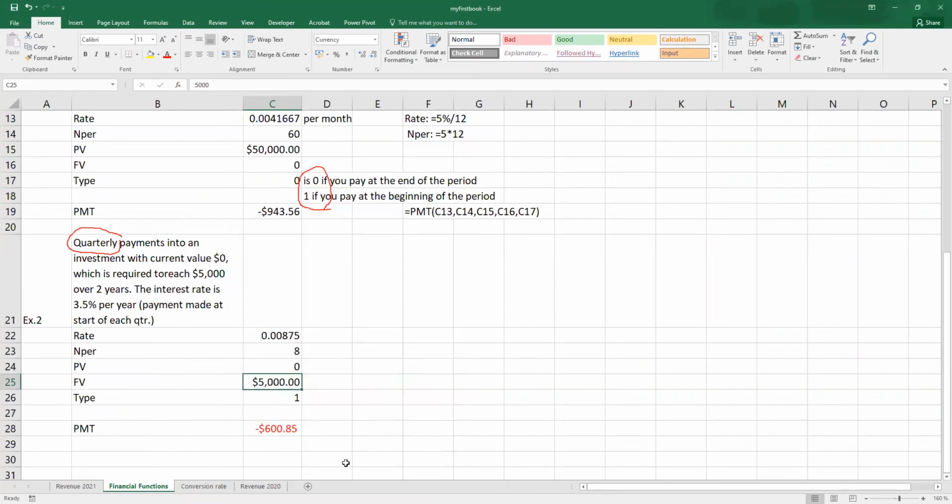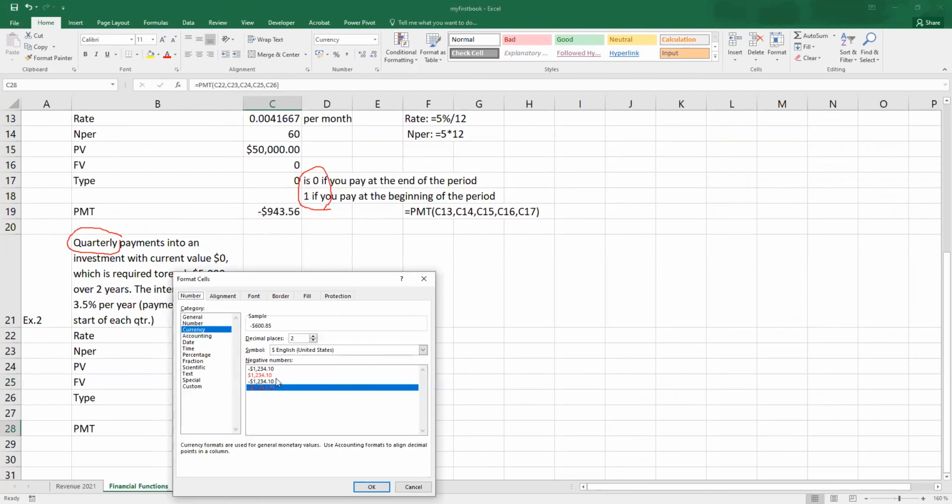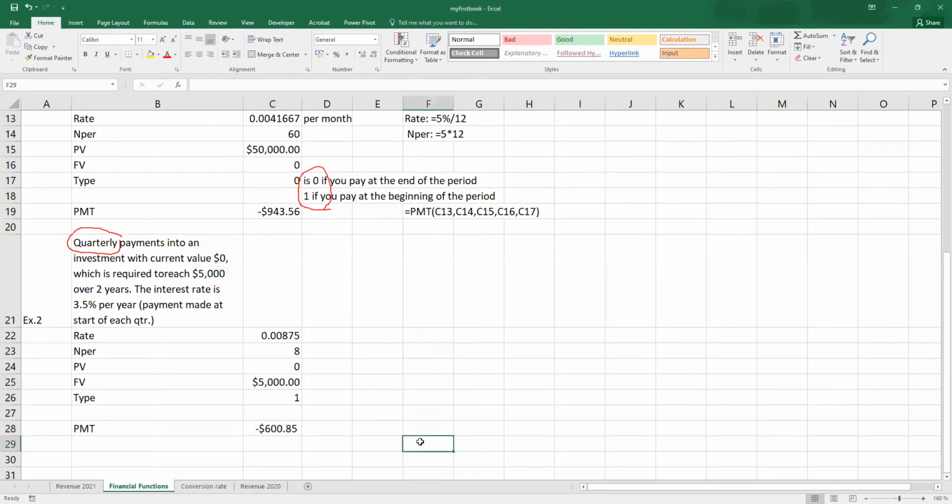So in here you can see that the PMT is negative 685, which means you have to pay out every quarter $685. I type per quarter. Okay, I just enter the unit so that I will not forget what it means.